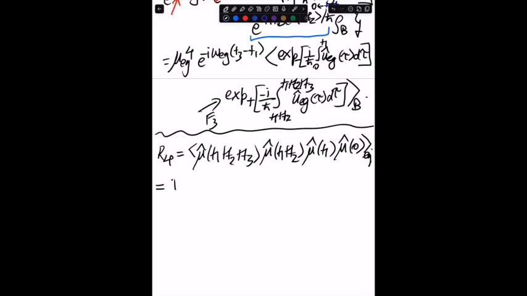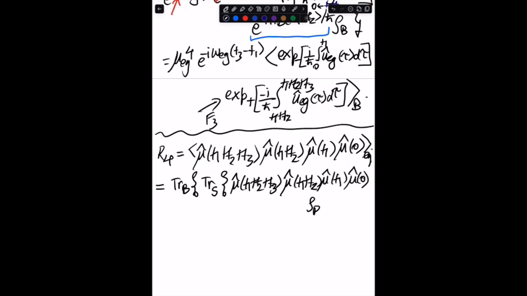So you take a trace over your path states, and then you take a trace over your system states of these four dipole operators, and you have your system equilibrium density operator, and then you have your path equilibrium density operator here.